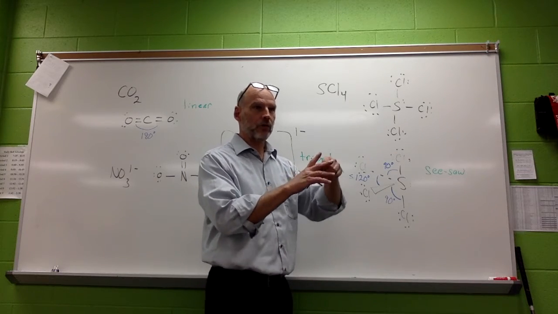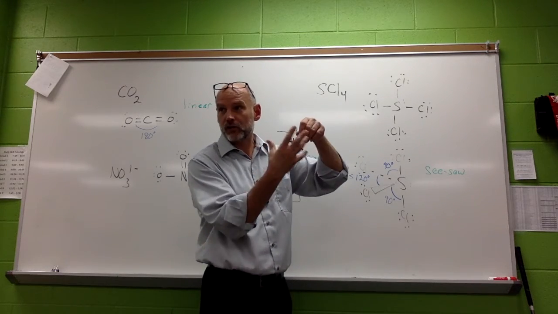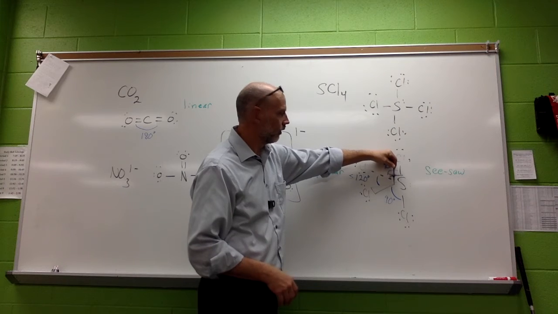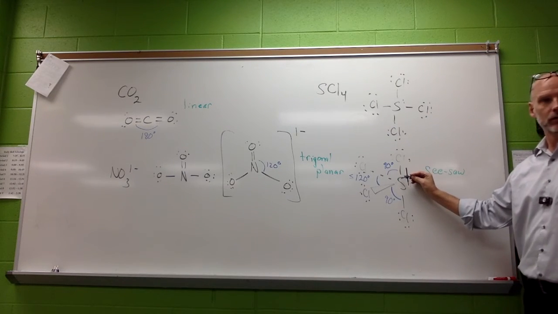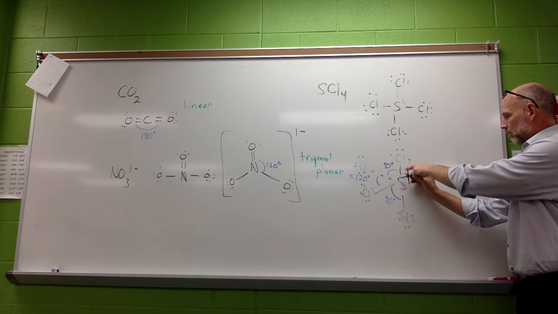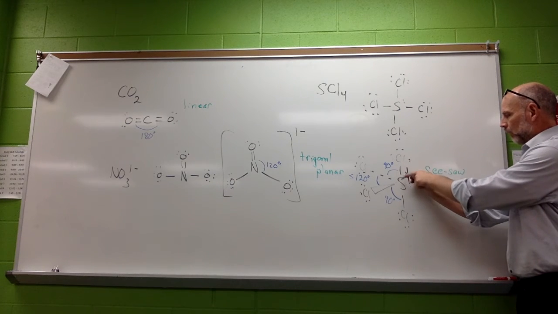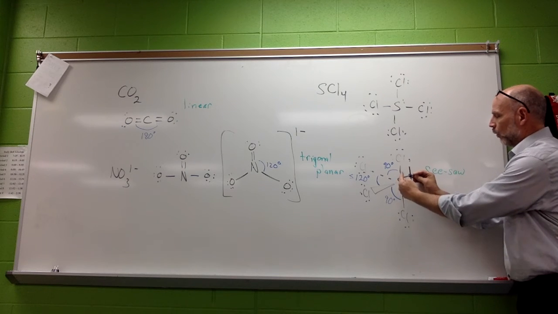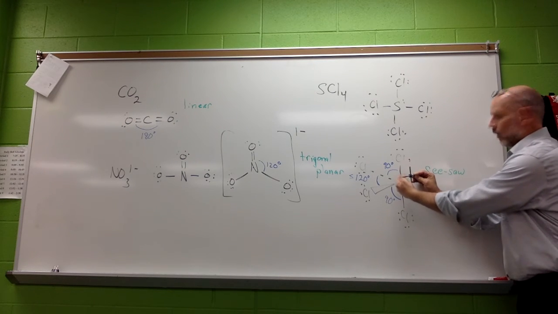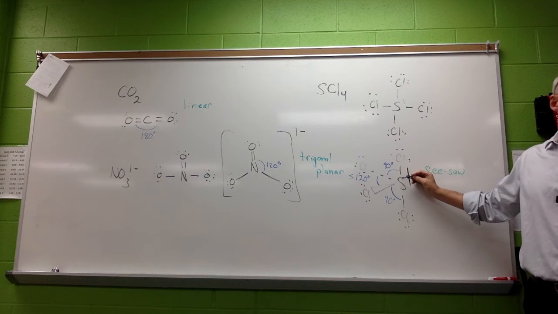Here, I'm going to throw this up so you guys can see it. So here's the lone pair where my fingers are. What is this relationship? What about this relationship? 90. What's this relationship? 120 or less than 120.